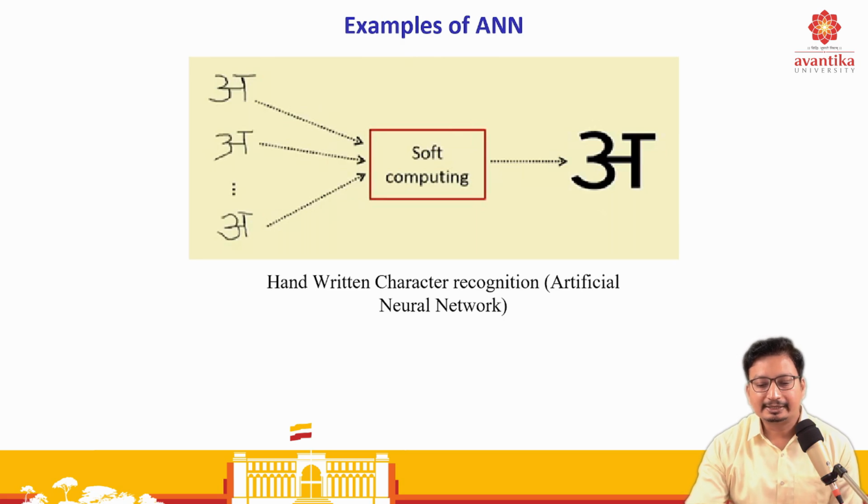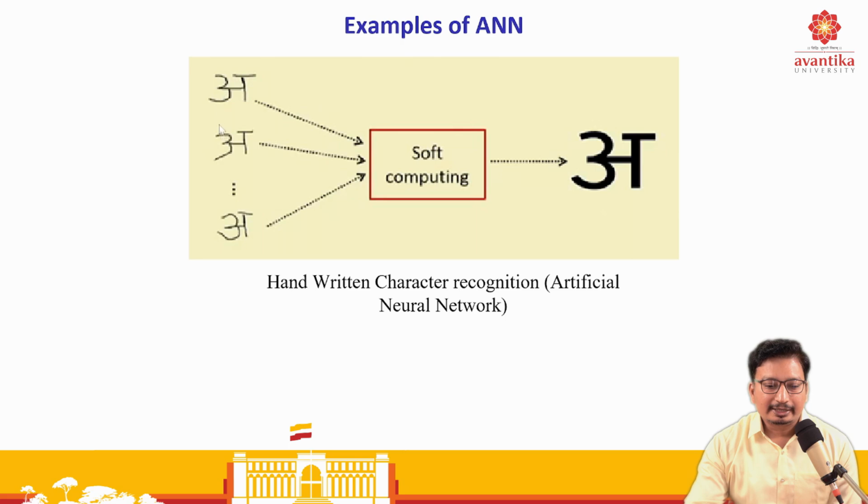Let's understand this concept of artificial neural network with the help of an example. This example is the human character recognition example. Suppose we are working on some form and we have to recognize the alphabet written by humans. We have some computation unit which recognizes these input values. Here we have written the Hindi character A, and the way of writing this A depends on the handwriting of the user.